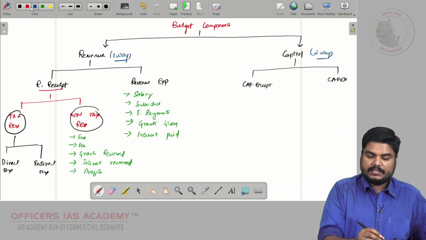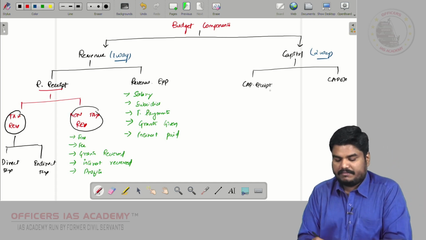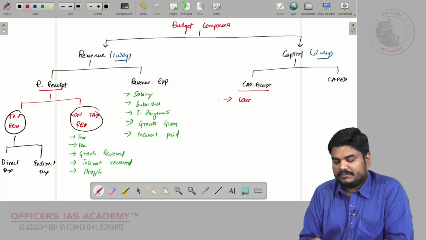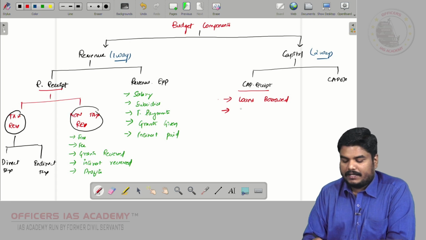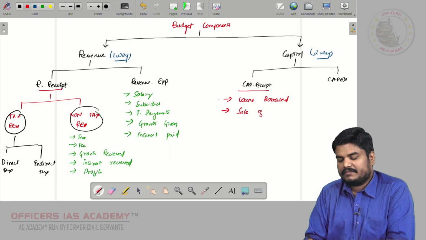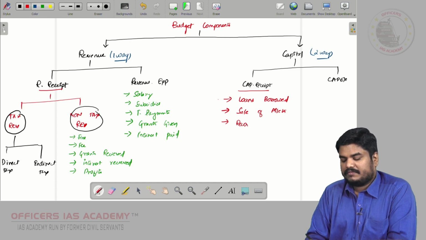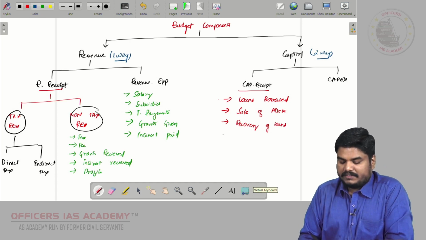Now coming to capital receipt. Here I was mentioning points like loans borrowed, then sale of assets, then recovery of loans, right, disinvestment proceeds.